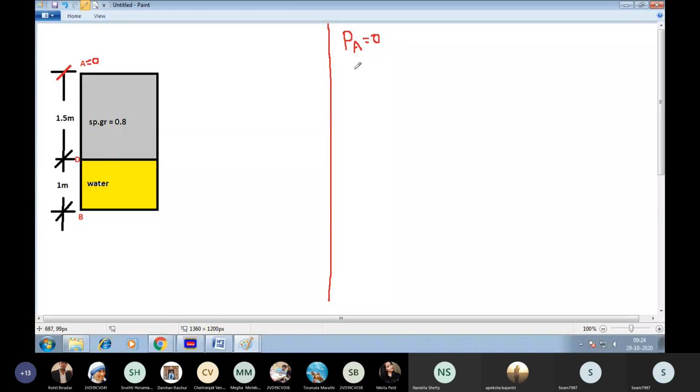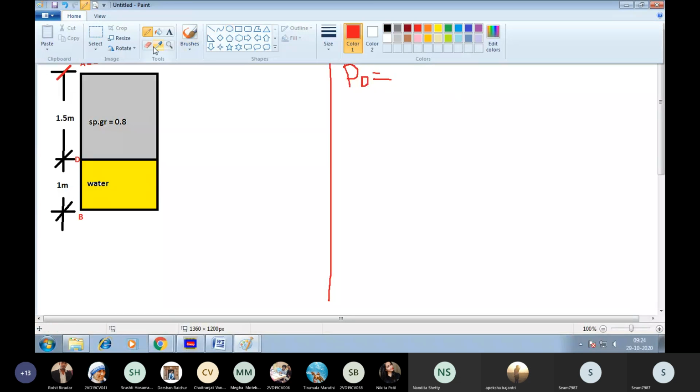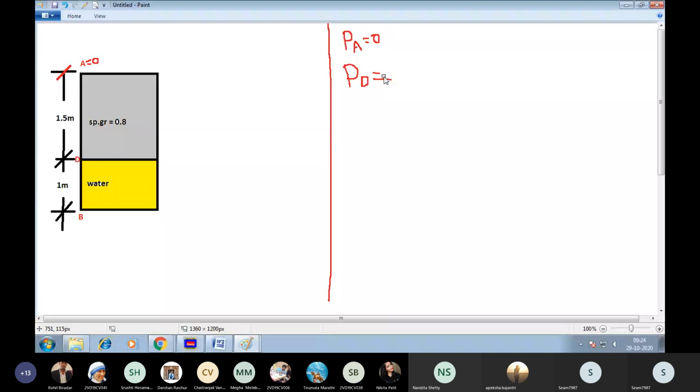Next, identify the pressure at D. How are we going to identify the pressure at D? By taking the equation. What is that equation? Rho 1 into g into h1, ma'am. Okay. Now equate the value of rho 1.